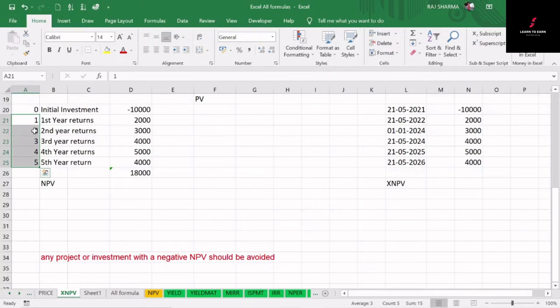But if you are getting returns where the periodicity is not uniform, let us say the second return you have got at 1.5 years, 1 year and 6 months, and then the third return at the third year end, so periodicity is not properly maintained, in this case you need the exact dates on which you received these future inflows, and then you have to use the XNPV formula to work out the net present value.